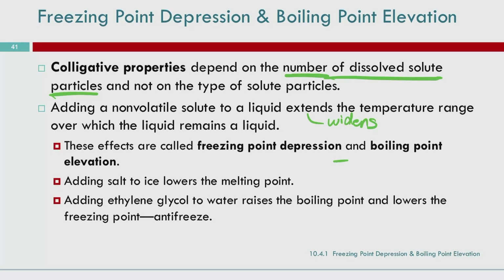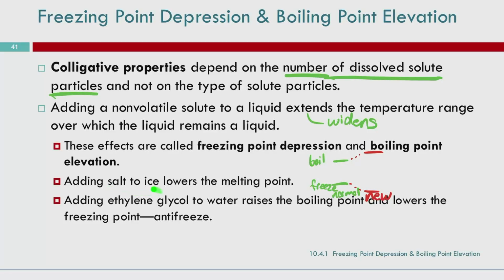It's like we might have normal freeze and boil, and if we add that non-volatile solute, we've got a bigger range where our liquid is a liquid because our boiling point has gone up and our freezing point has gone down. Both of these things happen at the same time.